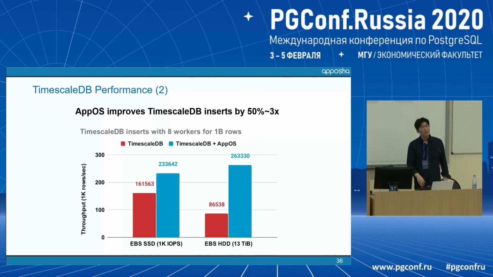The thing I'd like to share is that for this kind of insert-heavy workload on AWS, maybe considering a hard disk drive for storage is better, because this kind of workload is more throughput bound, and the 1,000 IOPS SSD can only provide 250 megabytes per second, but the throughput optimized EBS hard disk drive can provide 500 megabytes per second.